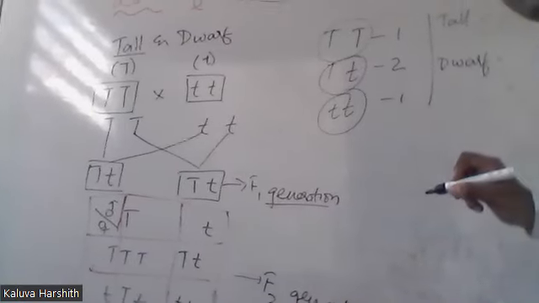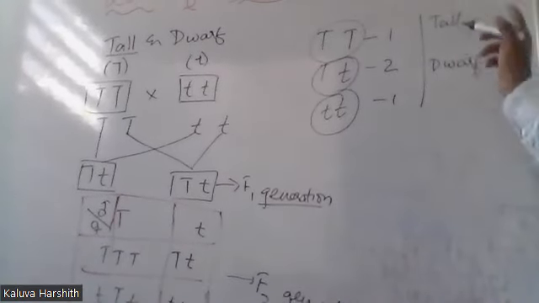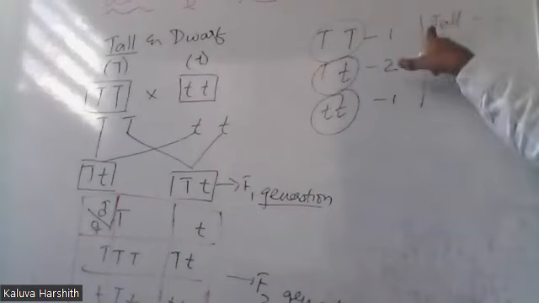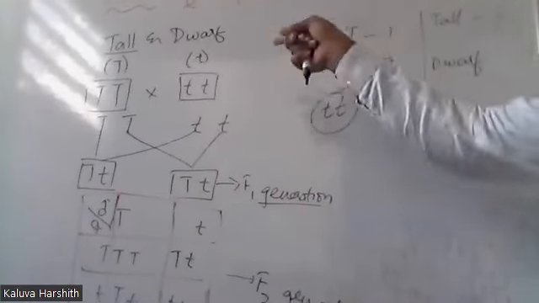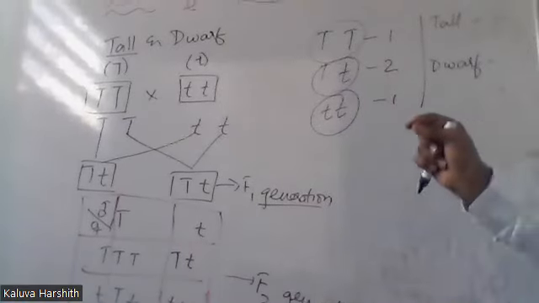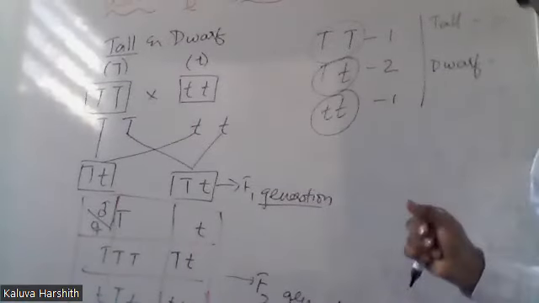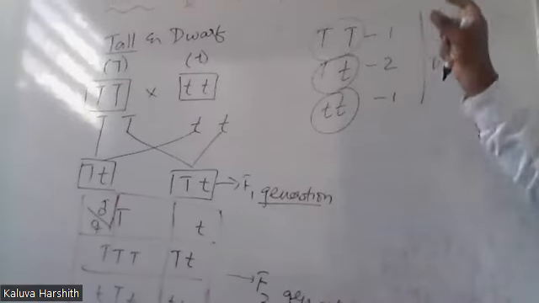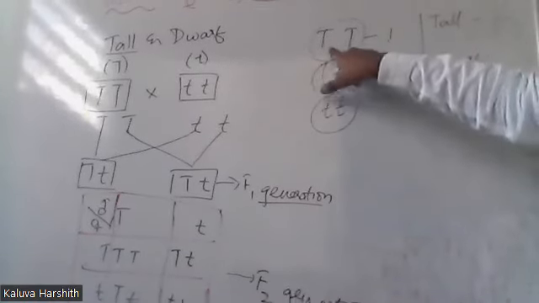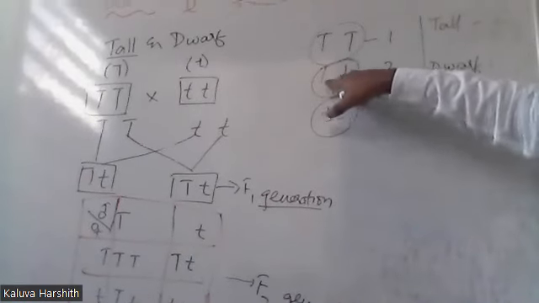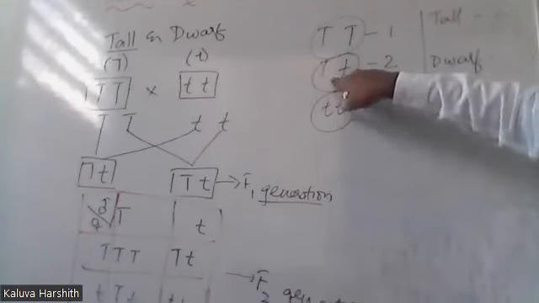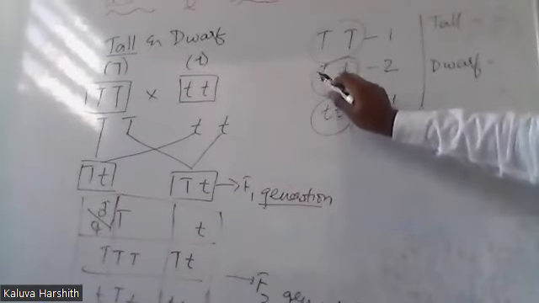Can I say this is phenotypic? Yes, this is phenotypic. Now you tell me, how many are tall, how many are dwarf? Now I said tall gene is dominant. If you remember in that table, we have taken tall as dominant. So this here is purely tall, no problem. Here capital T is dominating small t, so even this is phenotypically tall.